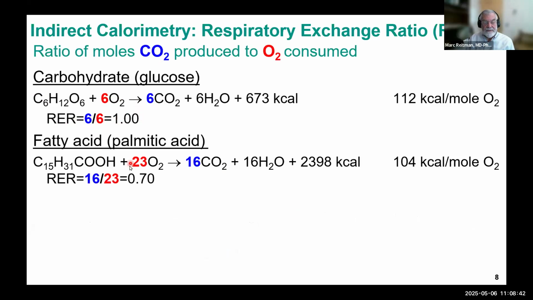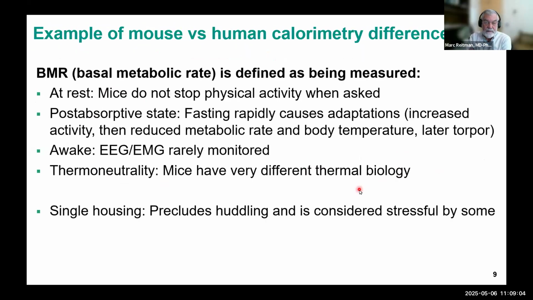Whereas when you do the same thing for fatty acid, the RER is 0.70. So by understanding the RER, which ranges from about 0.7 to 1, you know algebraically what the fuel being burned is. And you can also more accurately adjust the exact kcals per mole oxygen to get an even more precise measure of the metabolic rate.